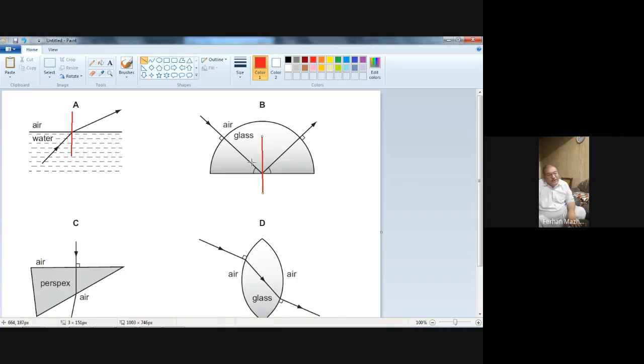If you check by visual inspection or with the help of a protractor, if you draw the normal here, you will find that the angle of incidence and the angle of reflection are equal to each other. So it's good. There's no problem.